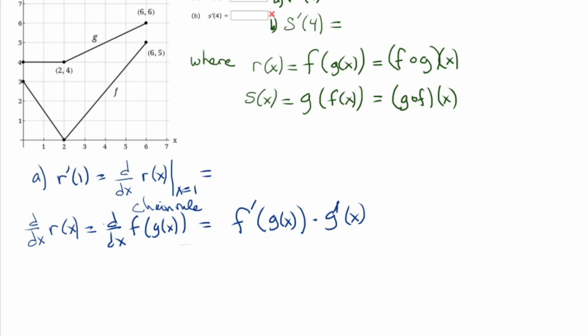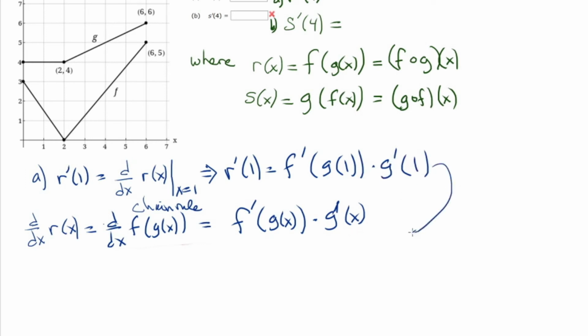Okay, so now we can plug in 1. So I'll just rewrite it. R prime of 1 is just going to be f prime of g of 1 times g prime of 1. And let's just write that down here. I think this is probably good.